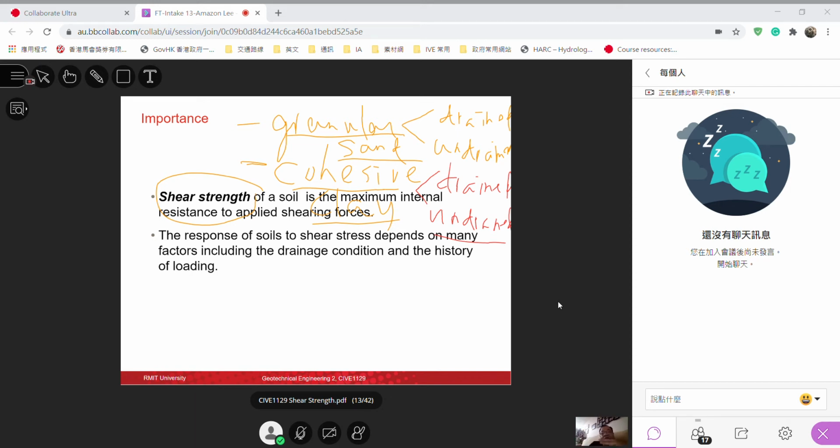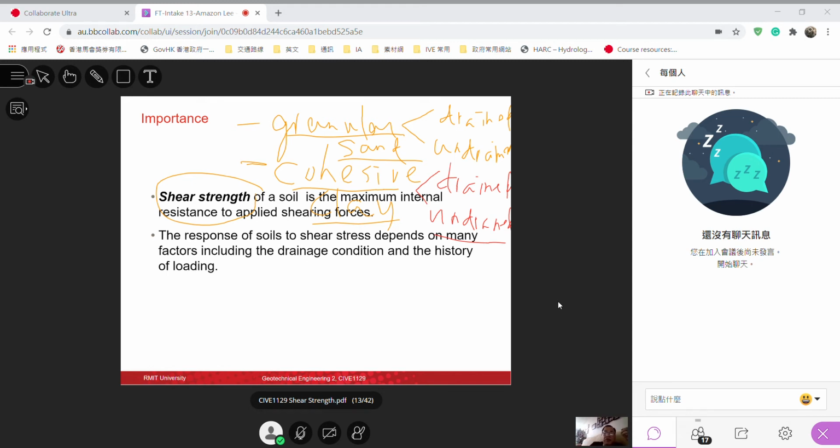While if all the water drains away, then the frictional resistance will just rely on the interlocking and frictional property of the soil particles on the two sides of the failure plane. So it doesn't have water, and theoretically the frictional resistance will be higher. Because of that, we need to know how the groundwater, the water in the soil, will play an important role in determining the shear strength.